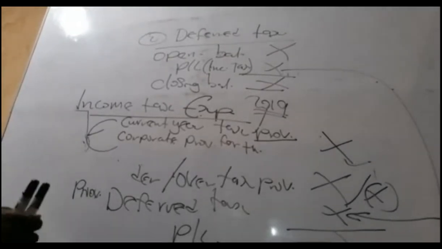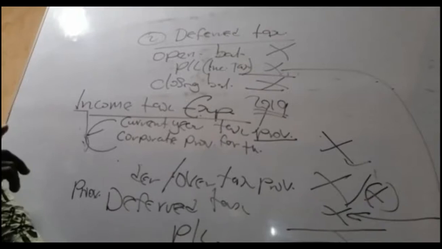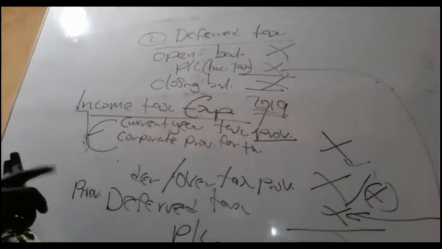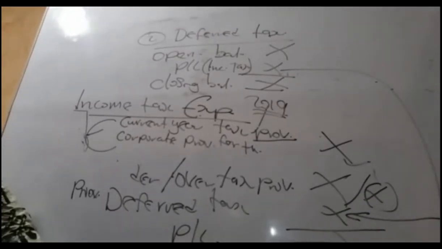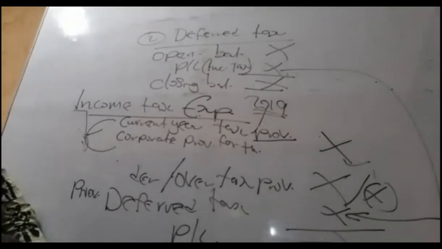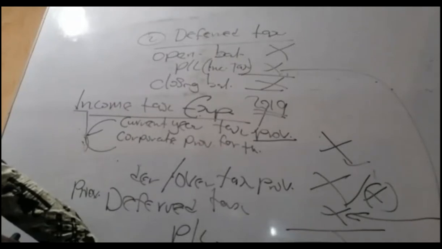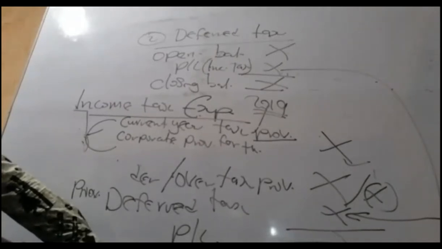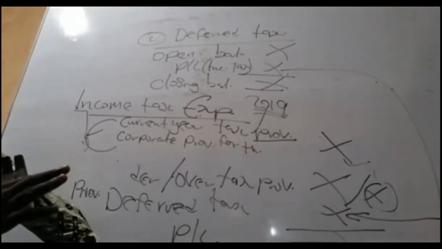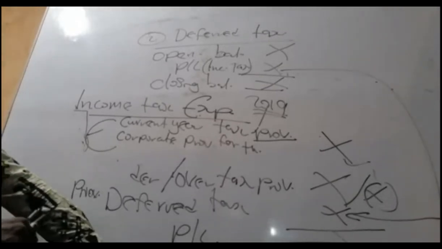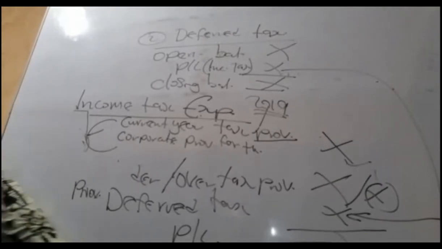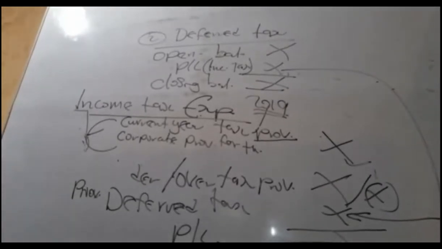Next week, I'll just solve one full question on tax. Then I'll move on to the next standard. IAS 12, 20 and 40. Just 3 standards after here, then we can go ahead and finish the financial statement. Good.